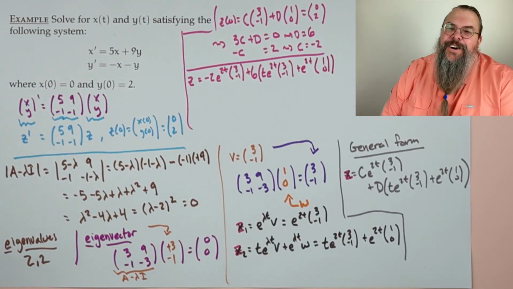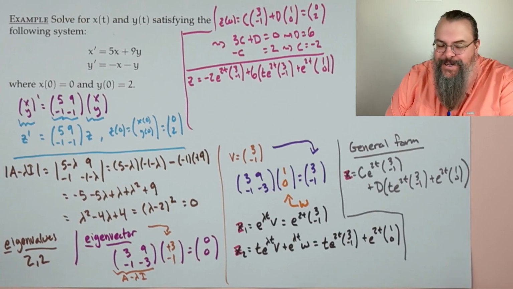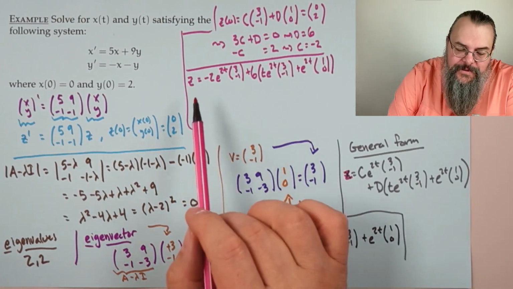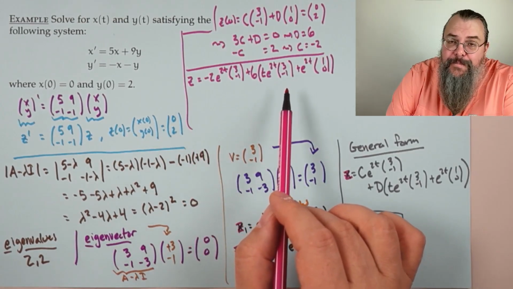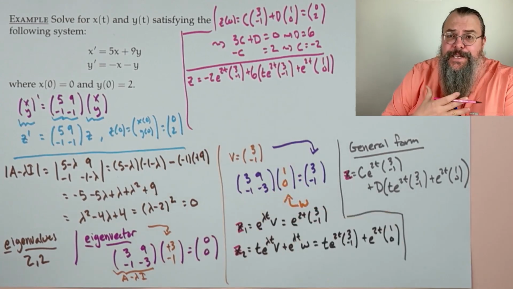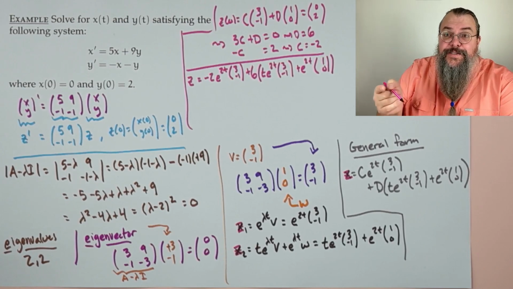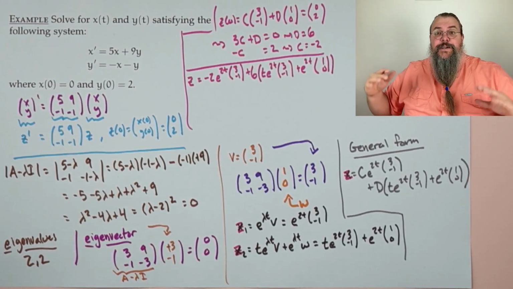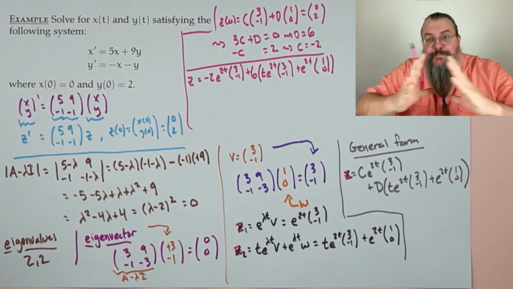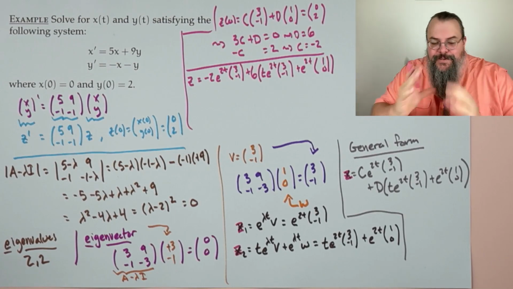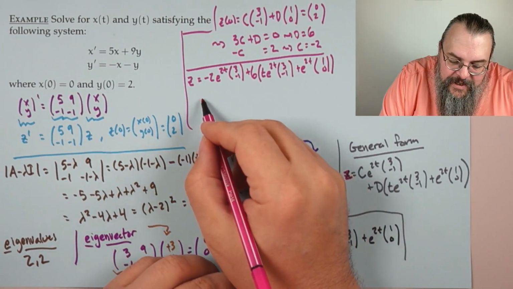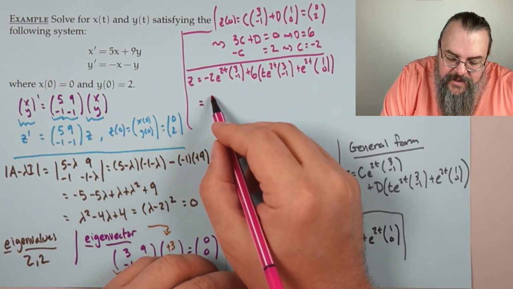Okay, wait, what? Well, we have the z. The problem didn't start with the z. We introduced it. So we're not done until we get back to x's and y's. So how do we get there? Well, we're going to just put all of z into one single vector. All right, so let's see, what would that vector look like?